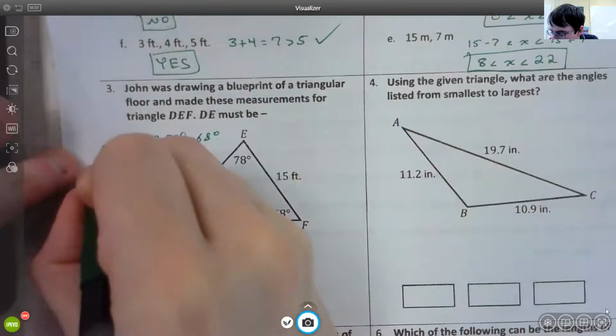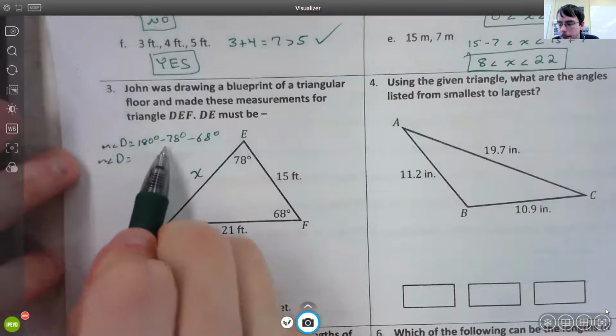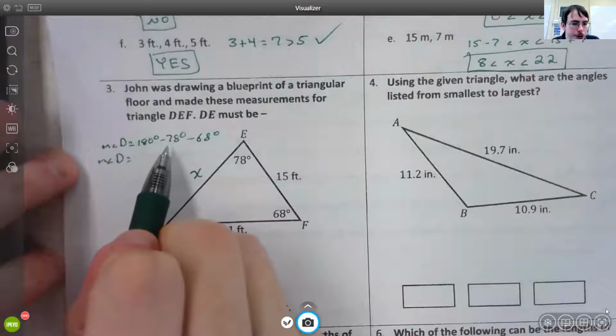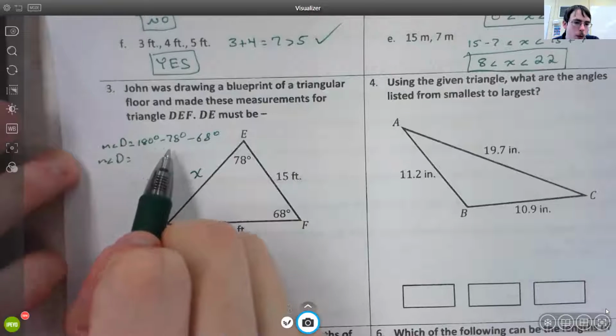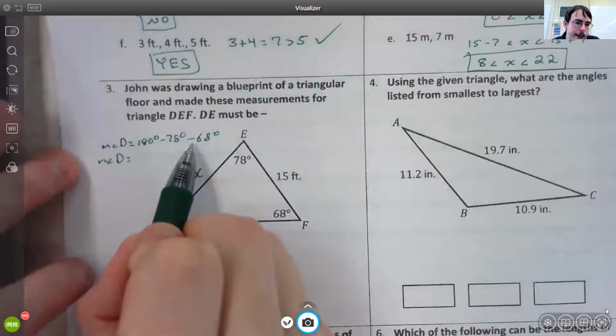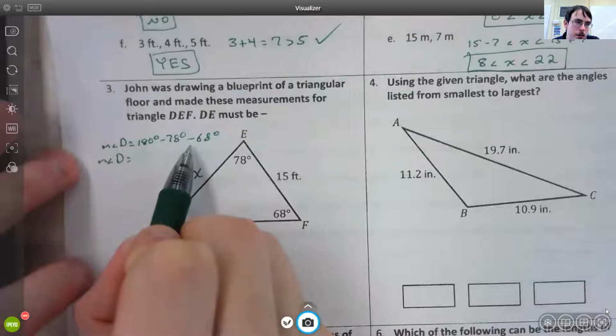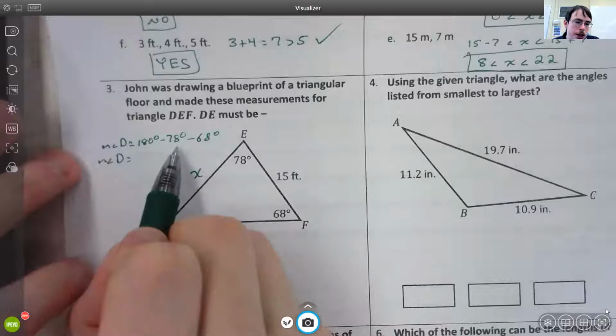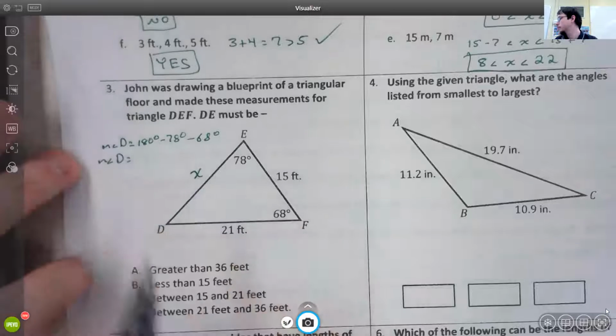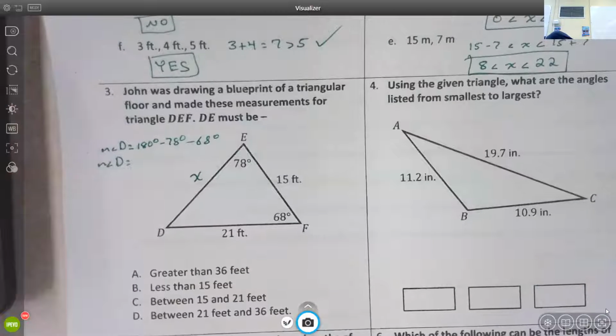Well, if we do that, we get the measure of angle D. 180 minus 78 gives us 102. 102 minus 68 is going to give us, I might as well get my calculator.